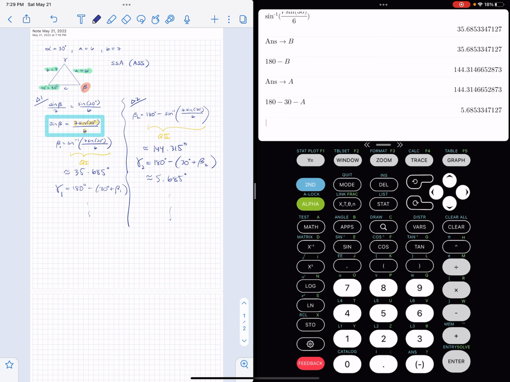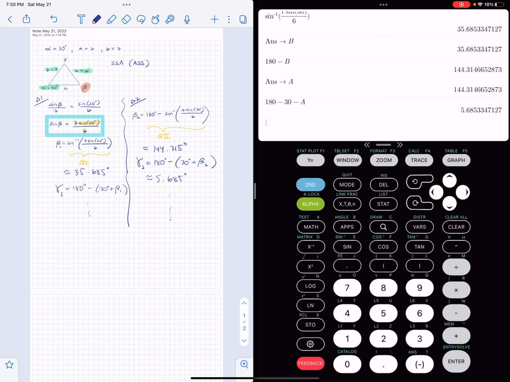Now, if a second triangle did not exist, we would get a negative angle for the third angle in triangle 2, meaning that the angle from quadrant 2 wouldn't make sense with the given angle.